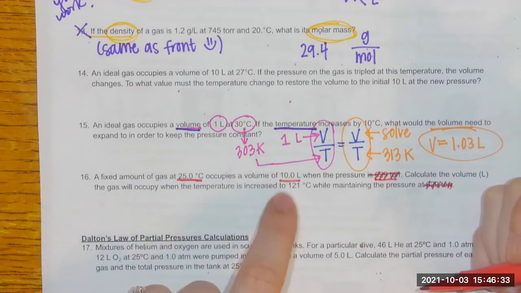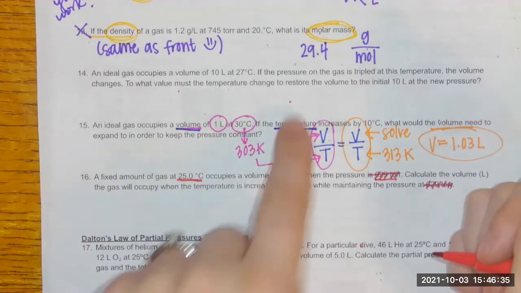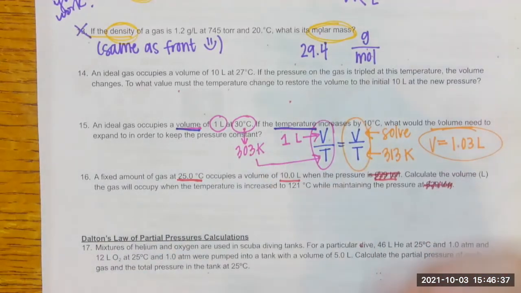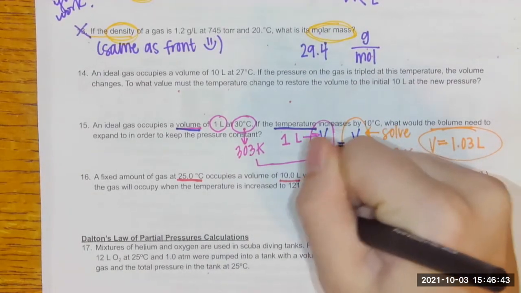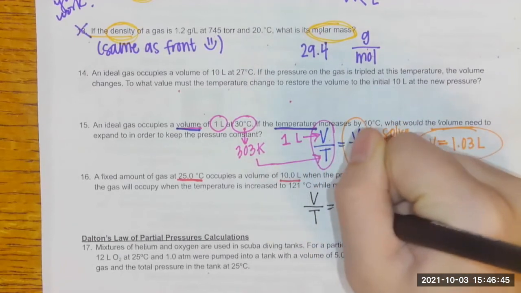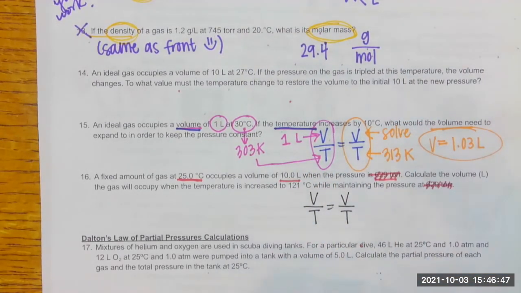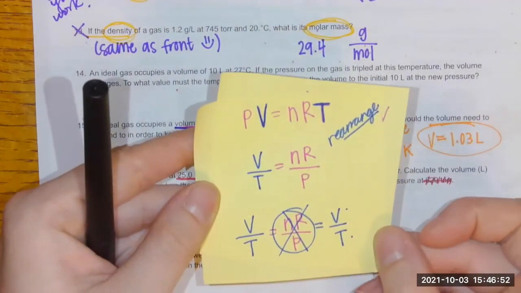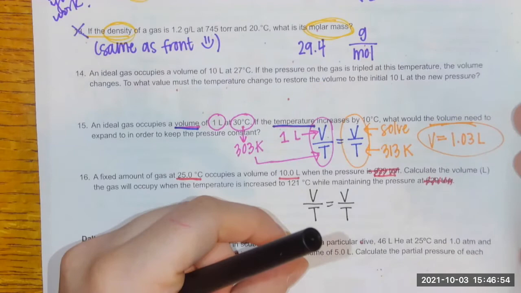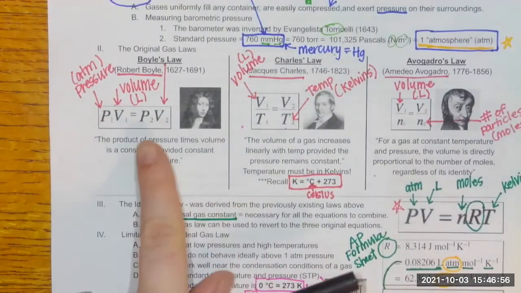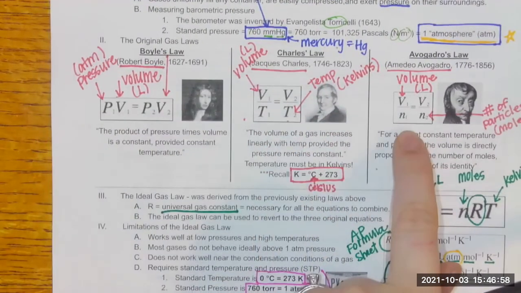And again, the temperature is changing. So I'm just going to reuse my same formula that I had above, where it was V over T equals V over T. You can learn how to derive this like I showed you using the gas laws, or you can actually take the time to learn these equations.